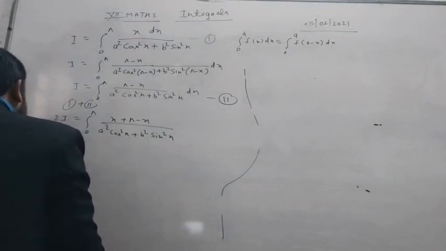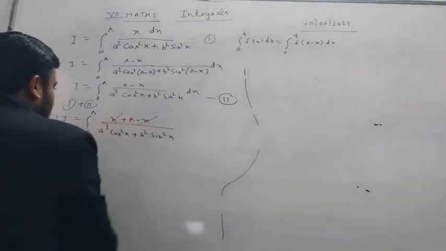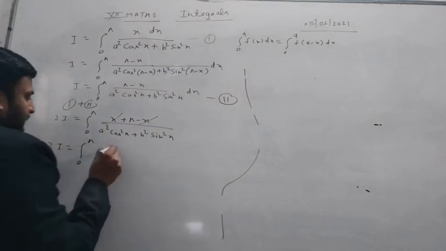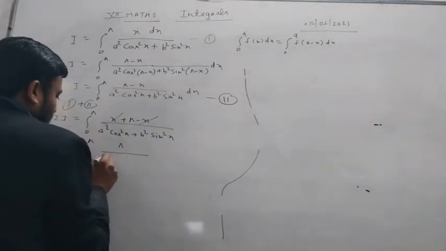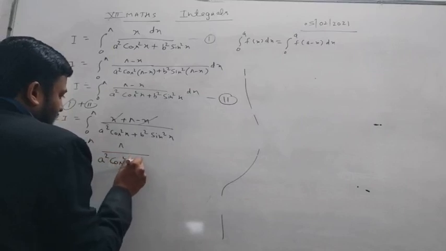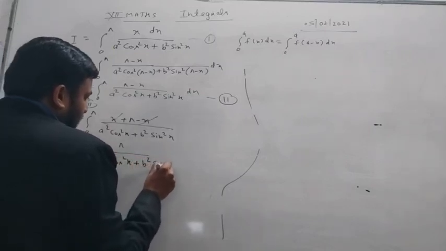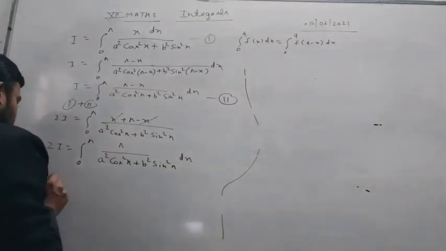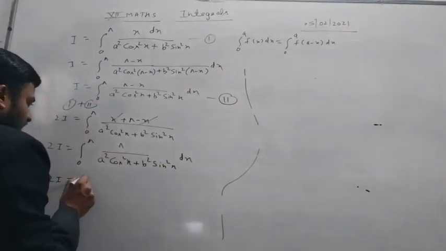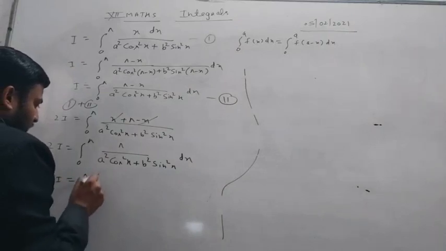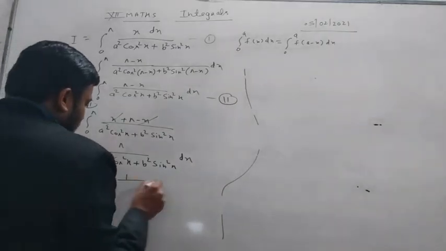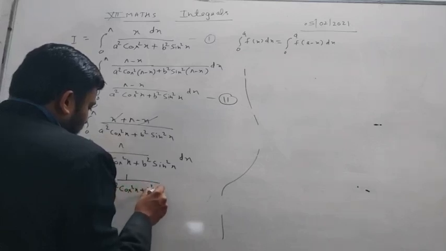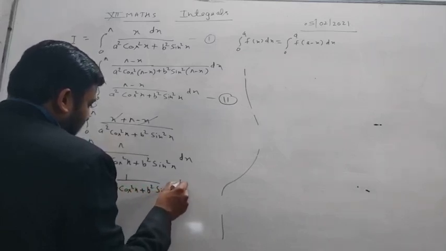Now students, this x and x will cancel, so 2I is equal to integral from 0 to pi of pi by a square cos square x plus b square sin square x dx. Okay students, so 2I is equal to pi times integral from 0 to pi of 1 by a square cos square x plus b square sin square x dx.